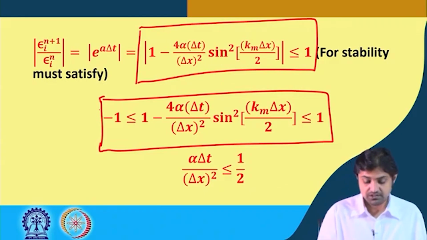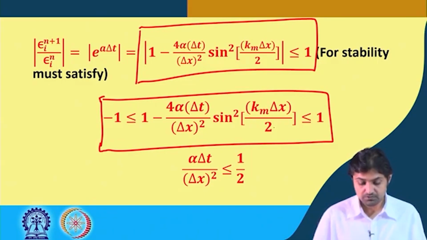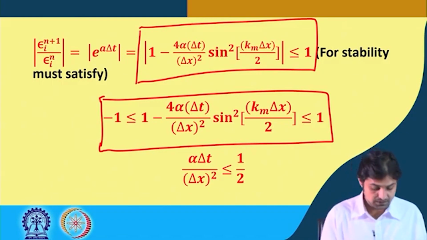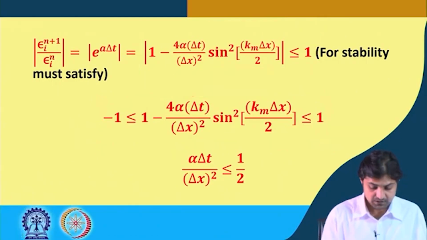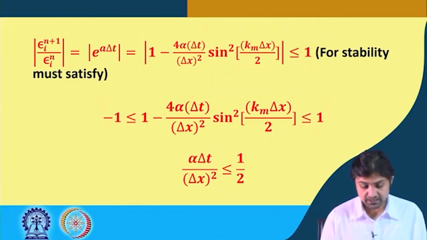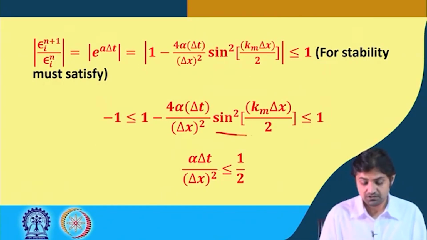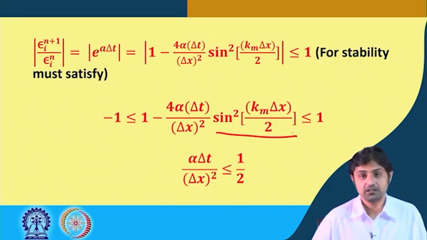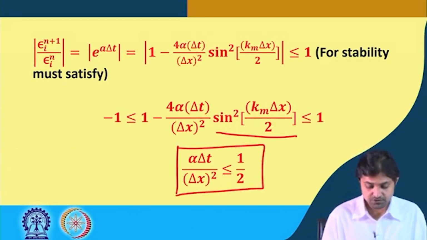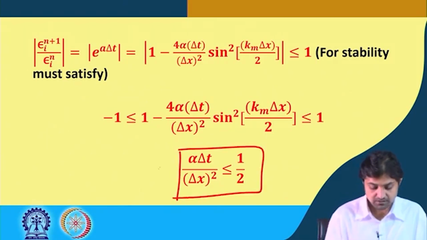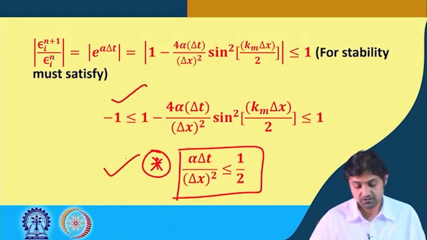See this sine squared km delta x by 2, so the condition can be written as alpha delta t by delta x square should be less than or equal to half, because this will always be less than 1. So this is the final solution that we get for stability. Very important. So you should remember this one as well and this one as well.